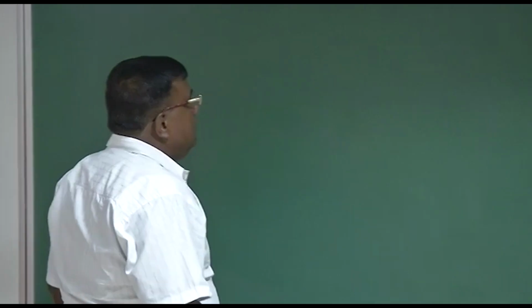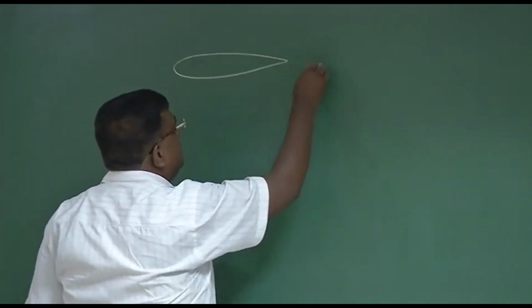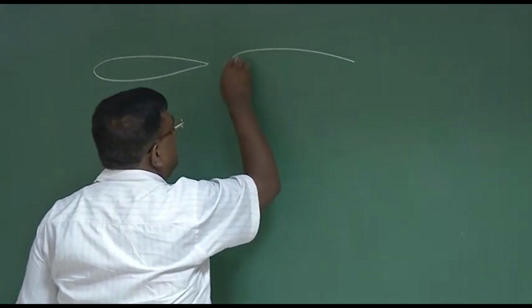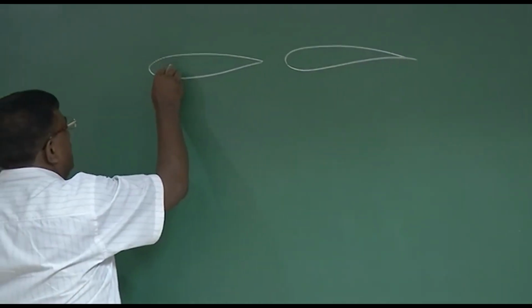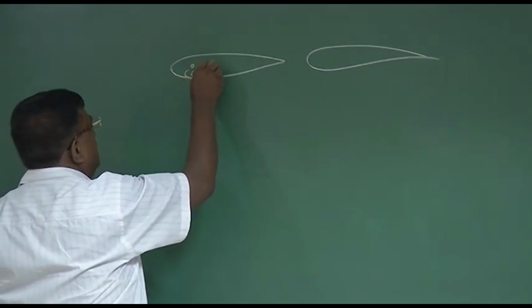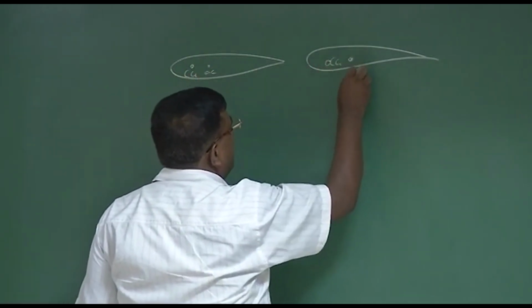That is the question. So if I just summarize, symmetric, this is cambered. For symmetric, of course, here it is CG, here it is AC.